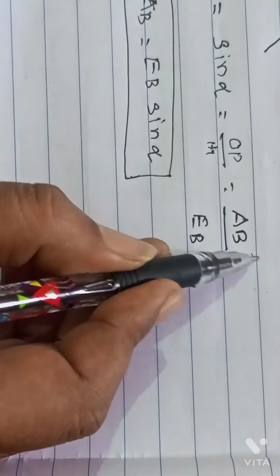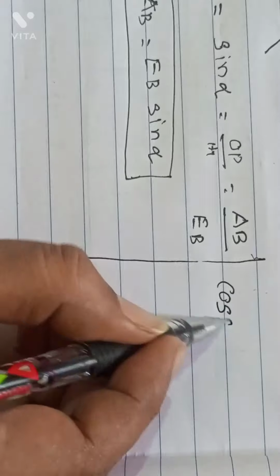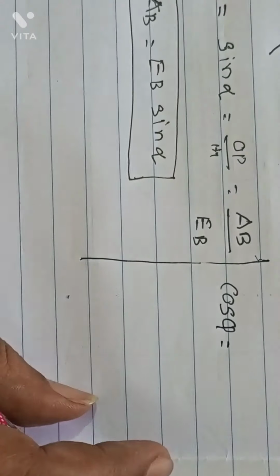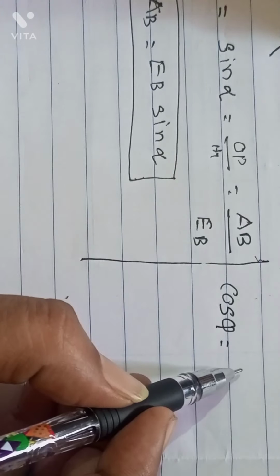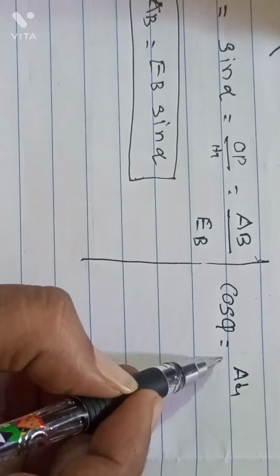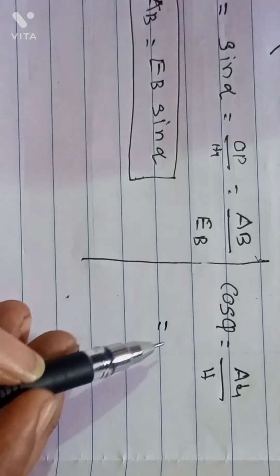Right. Now we find out the cos phi. What is cos phi? Cos phi is nothing but adjacent side by hypotenuse, right? Now see the diagram.